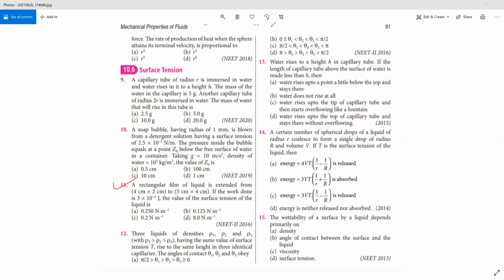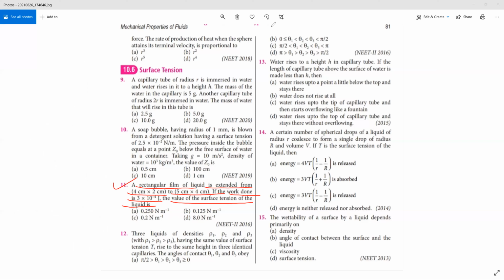Next, 11th one. A rectangular film of liquid is extended from 4 centimeter into 2 centimeter to 5 centimeter into 4 centimeter. If work done is 3 into 10 to the power of minus 4 joule, the value of surface tension of the liquid is.